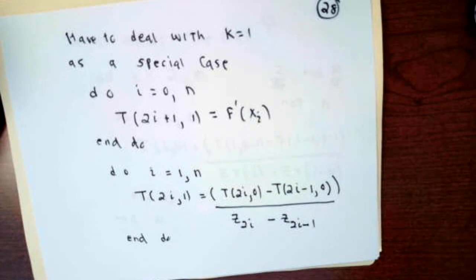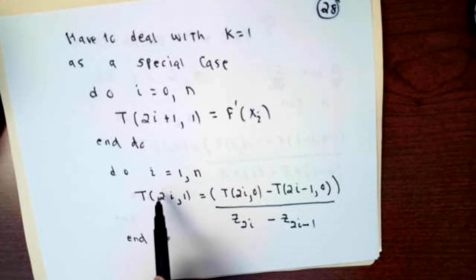Now, if you'll remember, our pattern has always been that when we put a number in the table, it's the difference of the number immediately to the left and the one above that, divided by the difference of two z values.